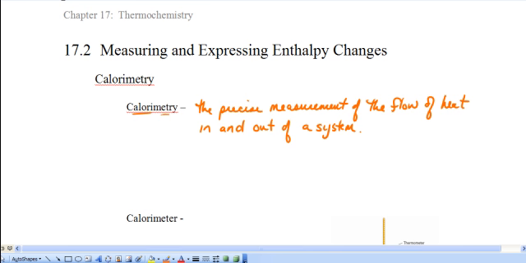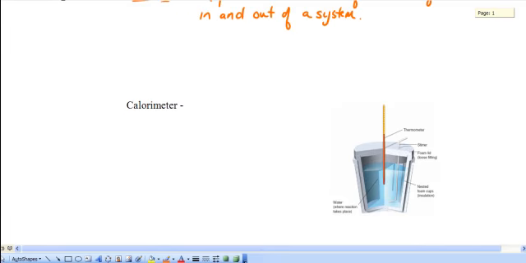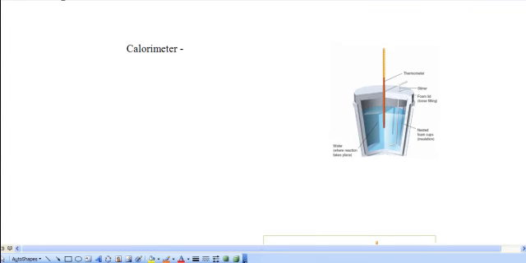Now, thermochemistry as a whole is simply the study of the movement of heat, where calorimetry is the precise measurement of the amount of heat flow in and out of a system. And we do this measurement using calorimeters. I'm not going to write out a definition for a calorimeter, but there are basically two types. You have this one, which is actually called a coffee cup calorimeter.